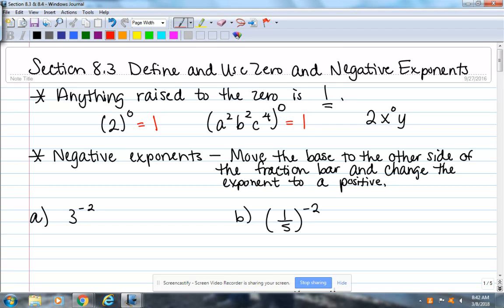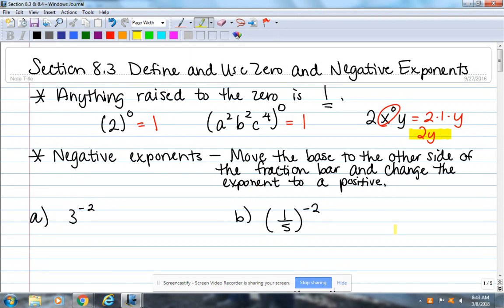What about that next one, 2x to the 0y? Does that whole thing equal 1? Just the x part. So the x part equals 1. So it's like saying 2 times 1 times y, which is what? 2y. Does that make sense? So if it's not in parentheses, then you only give that part the 1.